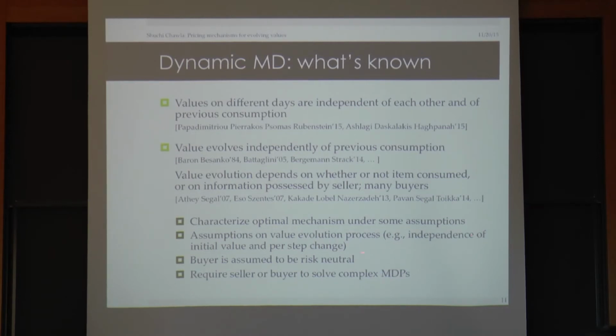For instance, one of the papers makes the assumption that the initial value is in some sense independent of changes that happen in the future. All of these works make the assumption that the buyer is risk neutral, which is also the assumption that this work makes, which allows for this sort of a mechanism where you're charging for the future expected value before the buyer has learned that value.